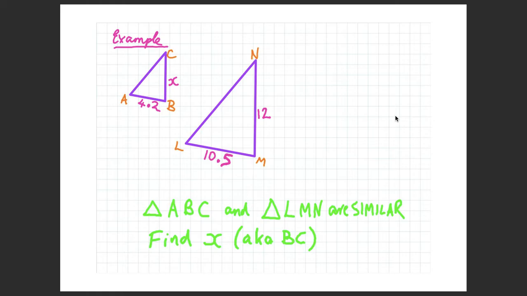But when you've had time to think about it, then I'm going to reveal how you should set this out. Okay, so pause the video while you do that and restart the video when you're ready.